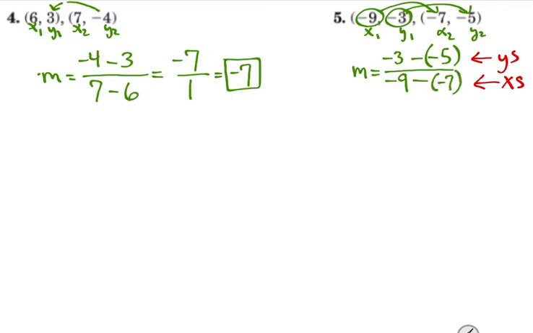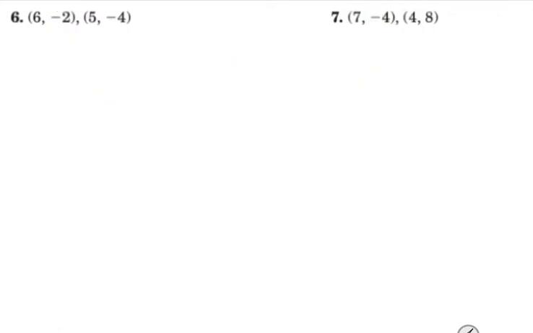Now, we know from what we learned in 7th grade about integers that when we subtract a negative, we can add the opposite. So we'll want to do that on both bottom and top. Negative 3 plus 5 is 2. Negative 9 plus 7 is negative 2. And 2 divided by negative 2 is negative 1. So the slope between these 2 points is negative 1. Next example.